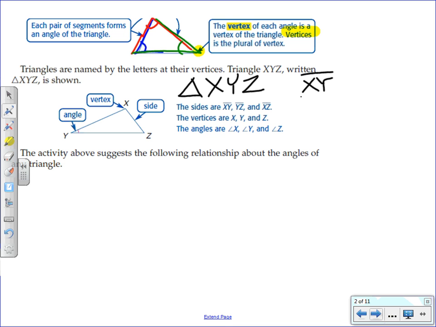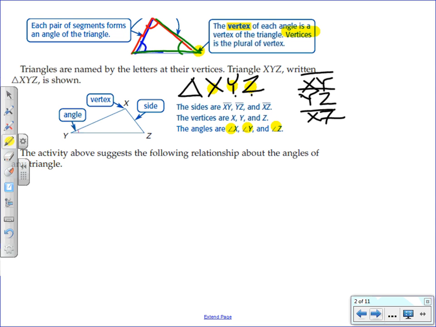It has line segment YZ. And it has line segment XZ. The vertices I know are X, Y, and Z. And the angles are angle X, angle Y, and angle Z.